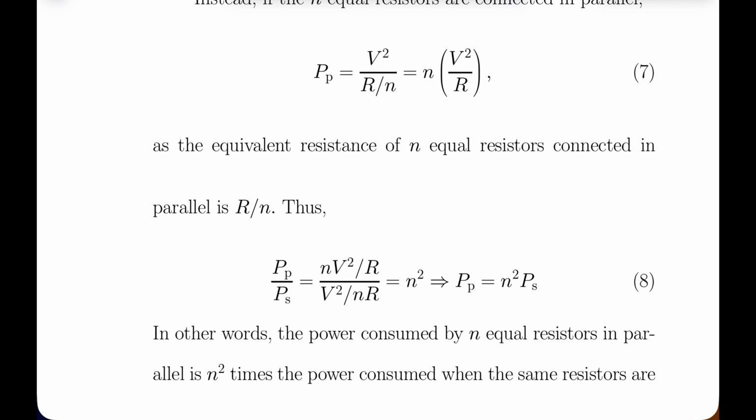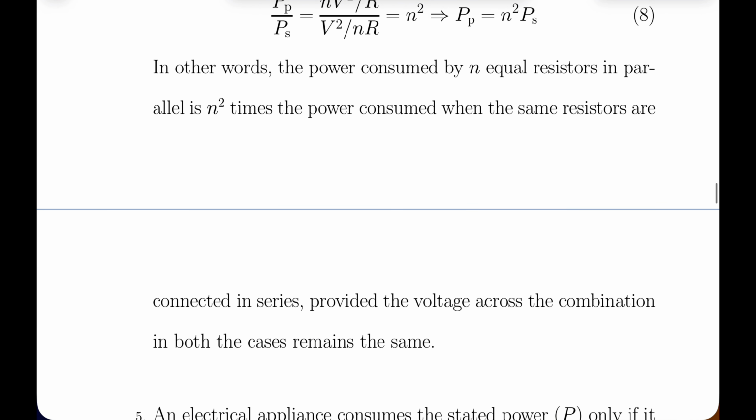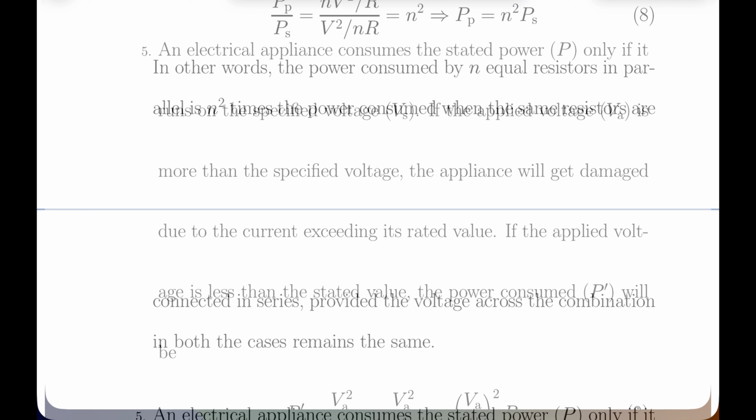So in other words, the power consumed by N equal resistors in parallel is N square times the power consumed when the same resistors are connected in series, provided the voltage across the combination in both the cases remains the same.